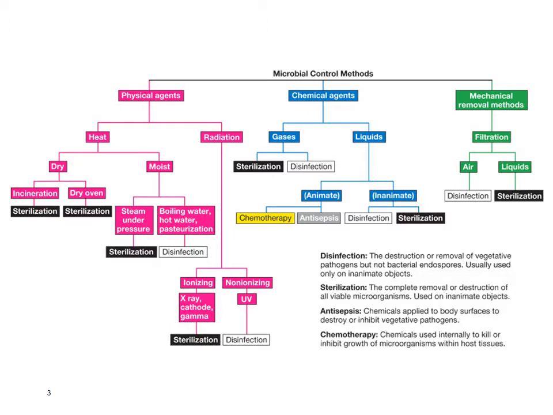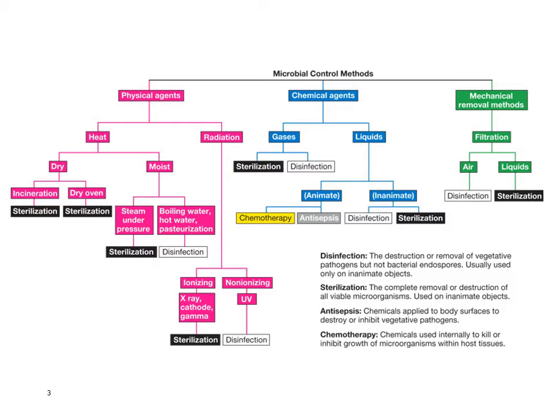Physical agents in pink can use either heat or radiation, and the heat that's used can be dry or moist. Chemical agents in blue include gases or liquids, and mechanical removal methods in green incorporate the use of filtration, that is filtration of air or liquids.